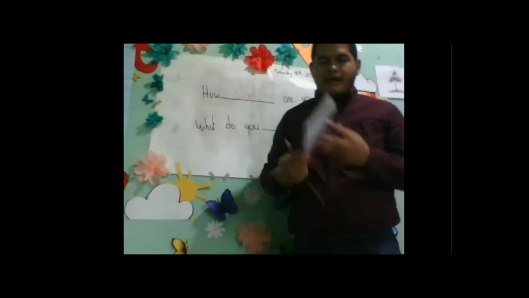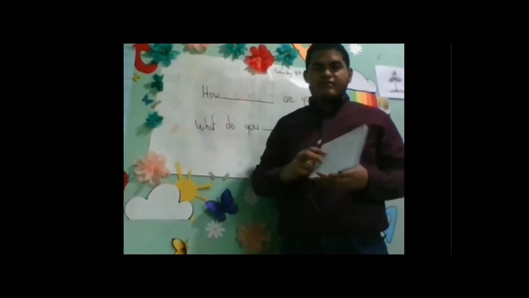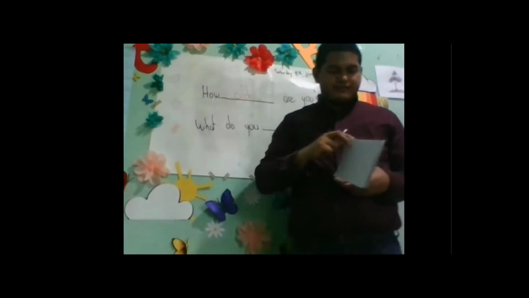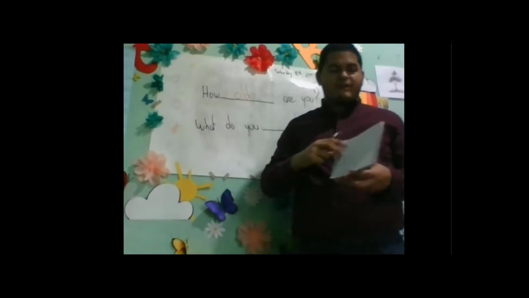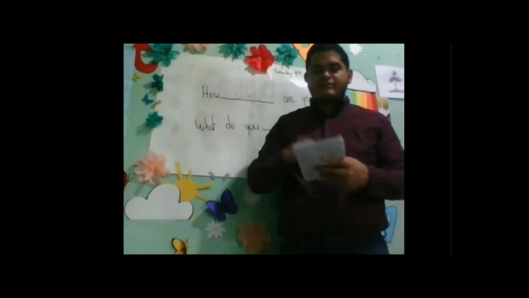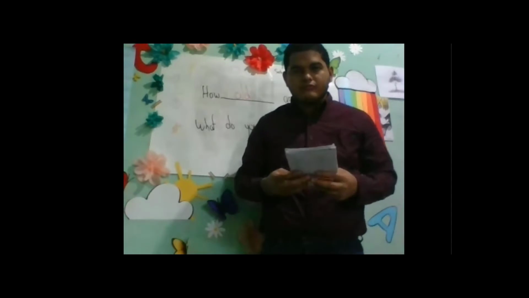So now that I asked some questions and she answered those questions, I'm going to present myself based on what I have written in the previous activity. In my case, hello, my name is Daniel.